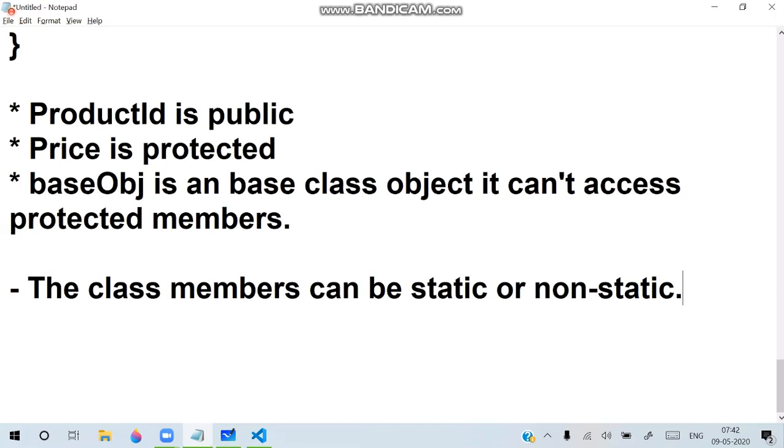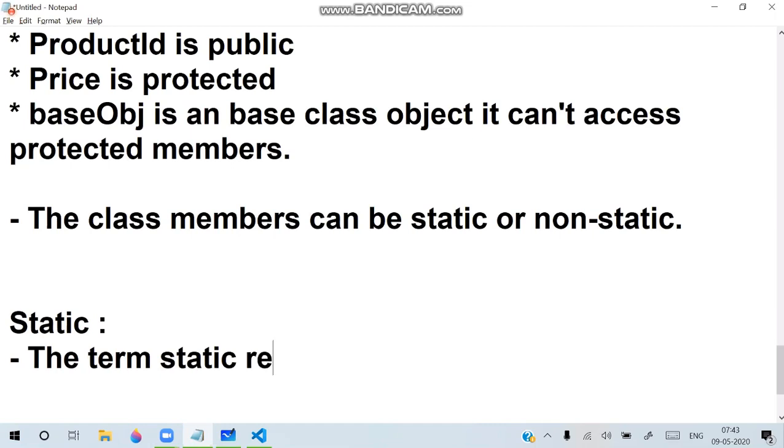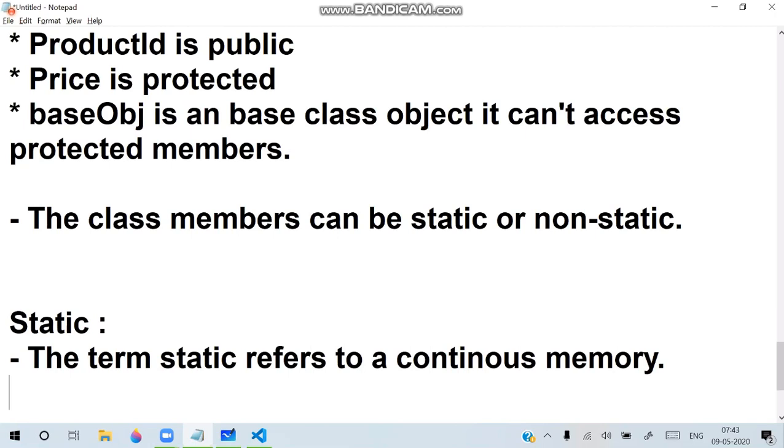Then what exactly are static and non-static? Let's see. The term static refers to a continuous memory.